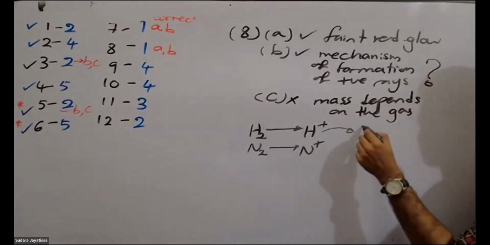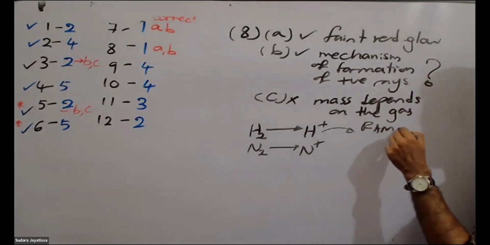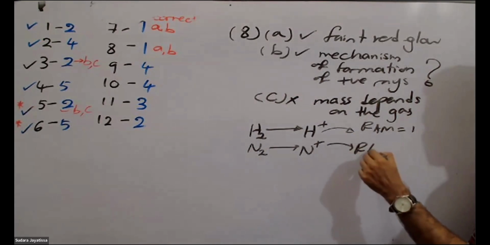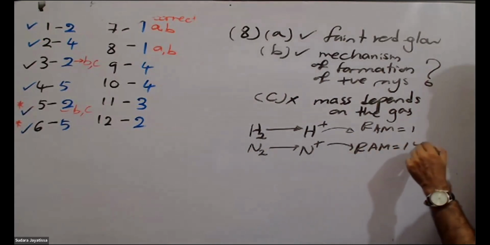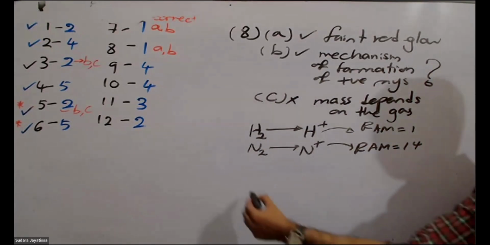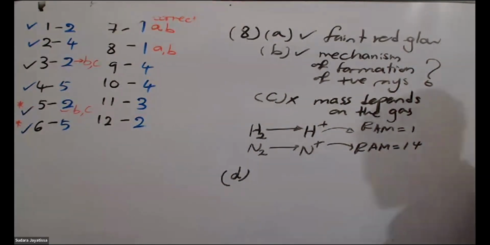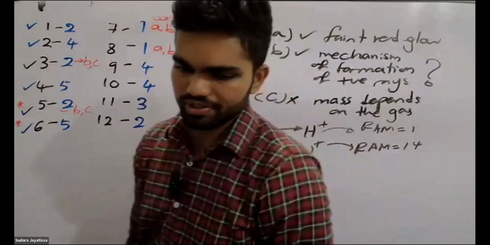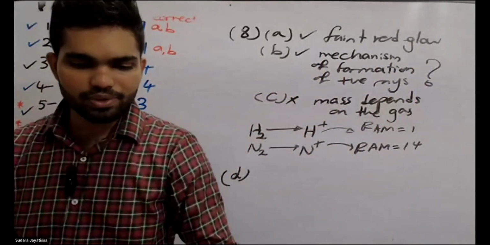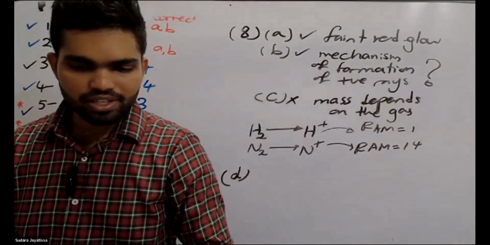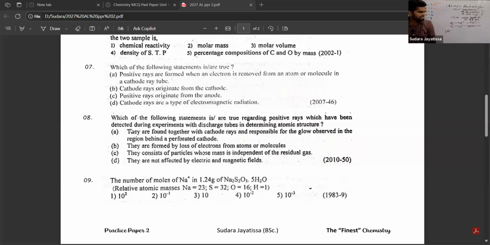So the relative atomic mass is 1 here, and here the relative atomic mass is 14. Remember? So it depends on the gas. Telling it is independent is wrong. Just give an example like that. Sometimes other than writing lengthy answers, it's good to say the same thing with an example. That's what I'm doing mainly during the teaching also, no?